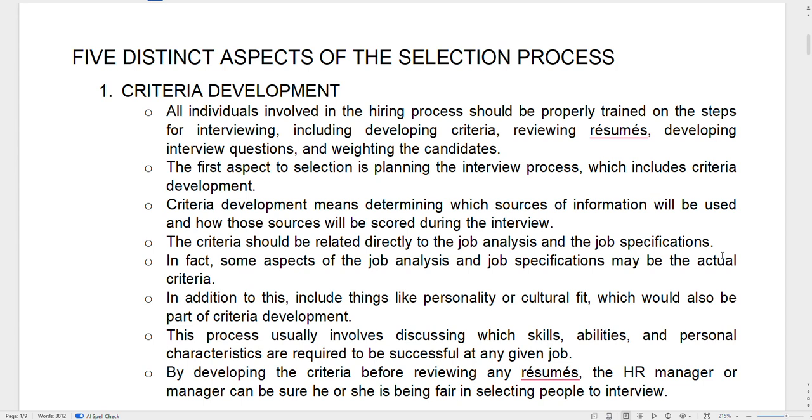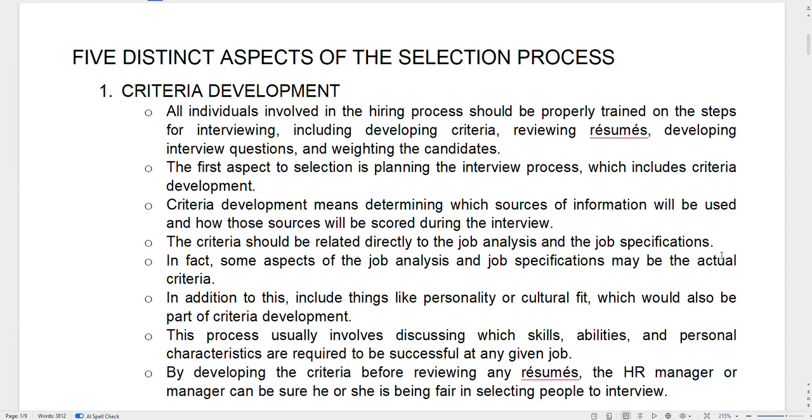Why? So that we can develop the right criteria for the applicants that we're looking for. And by developing the criteria before reviewing any resumes, the HR managers or managers can be sure that he or she is being fair in selecting people to interview.